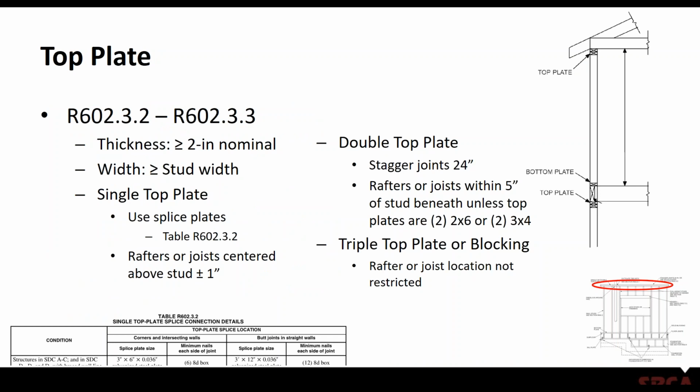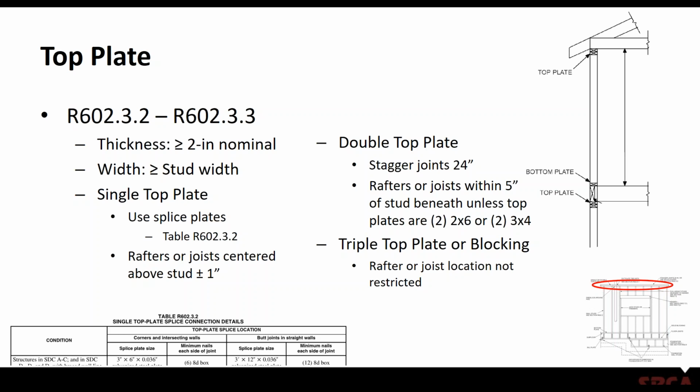Interestingly enough, in the building code in chapter 6, the requirements are that the plate material has to be greater than or equal to 2-inch nominal, and the width is greater than or equal to the stud width. Single top plates are allowed if the framing stacks on top of the studs, within plus or minus 1 inch.